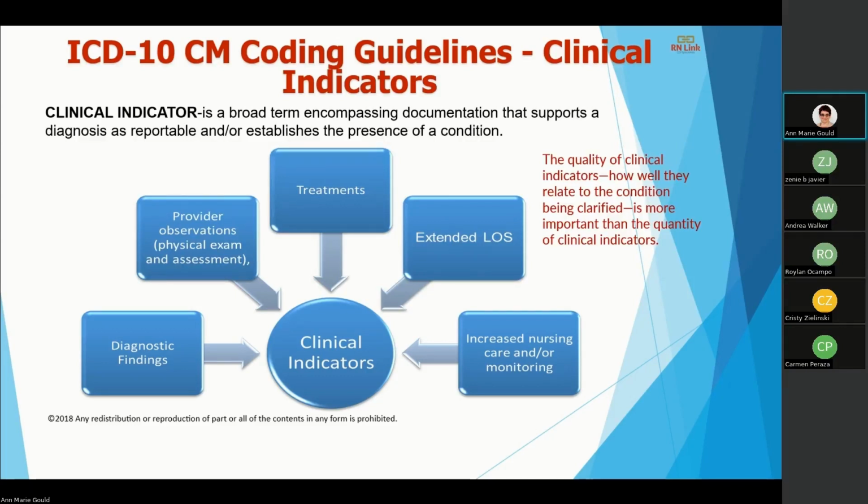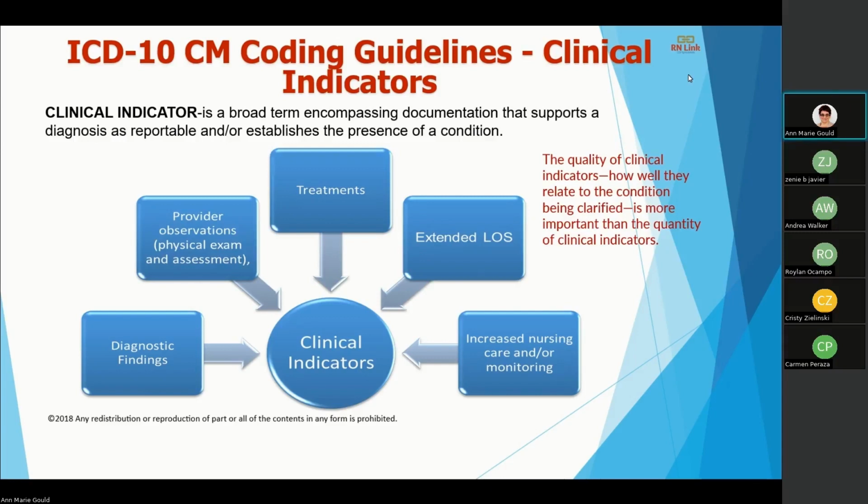The quality of clinical indicators, how well the condition is being clarified, is more important than the quantity, okay? That's the key. You want quality, relevant clinical indicators to support the diagnoses on the query question you are posing to the doctor.